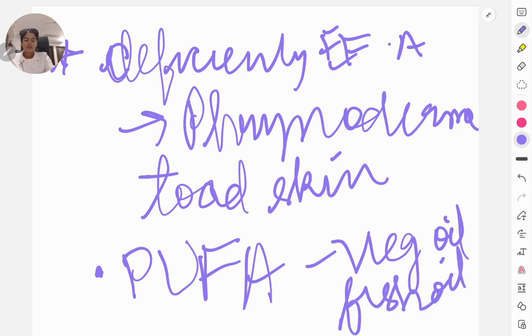Okay. Now it is said that at least 30 to 50% of the dietary fat which we take should contain it as PUFA, right?